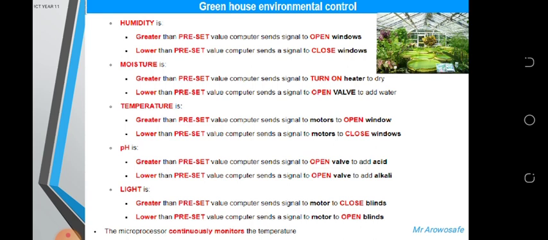Don't forget that humidity measures the moisture and air temperature. So if humidity here is greater than the preset value, the computer sends a signal to open windows. Now the next one: if humidity is lower than the preset value, the computer sends a signal to close the window.